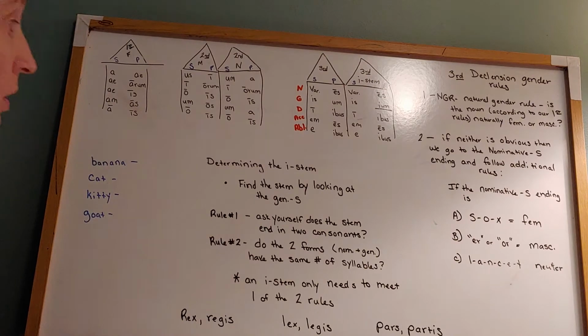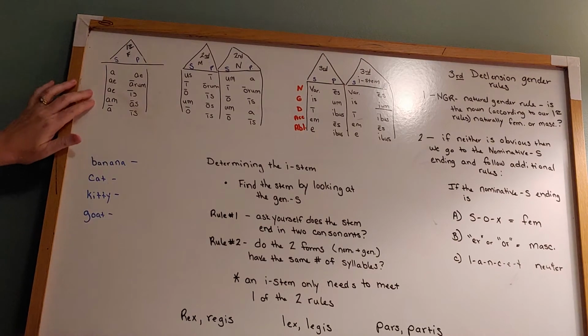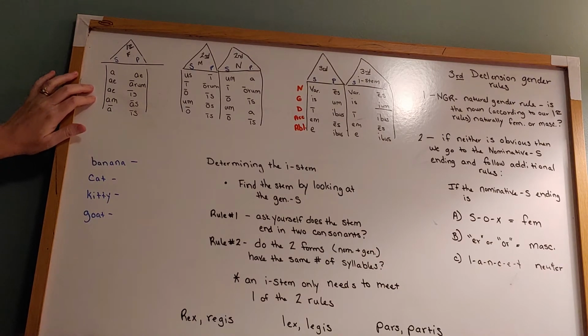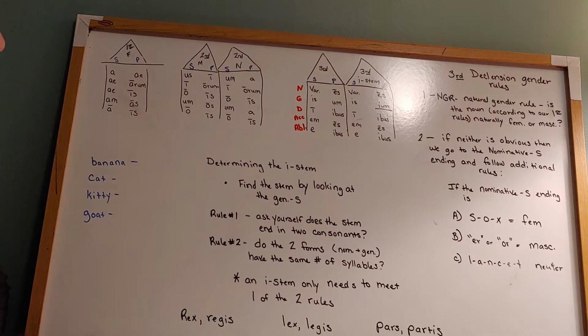For example, when we had mostly feminine vocabulary words in the first declension, except for sailor, which we attributed the masculine gender to.